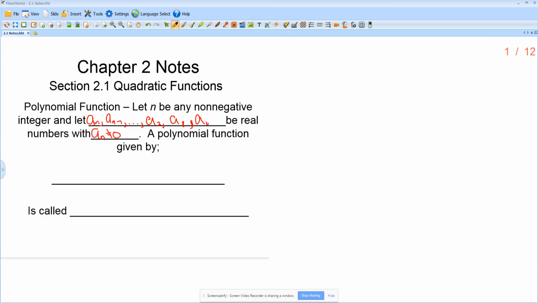A polynomial function can then be given by f of x equals a sub n times x to the power of n plus a sub n minus 1 times x to the power of n minus 1 plus so on and so forth plus a sub 2 x squared plus a sub 1 x to the first plus a sub 0 x to the 0.